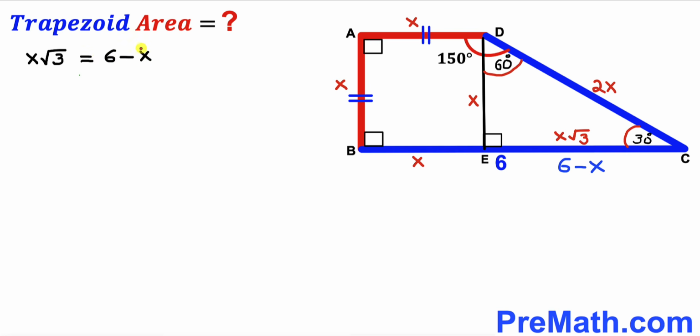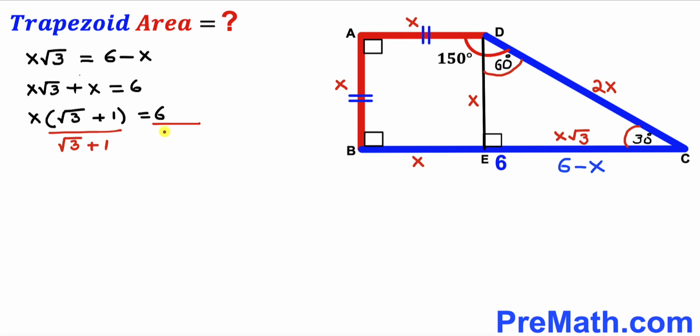Here I'm going to move this x to the other side, and now I can factor out x. We get x times the square root of 3 plus 1 equals 6. Now I'm going to divide both sides by the square root of 3 plus 1.